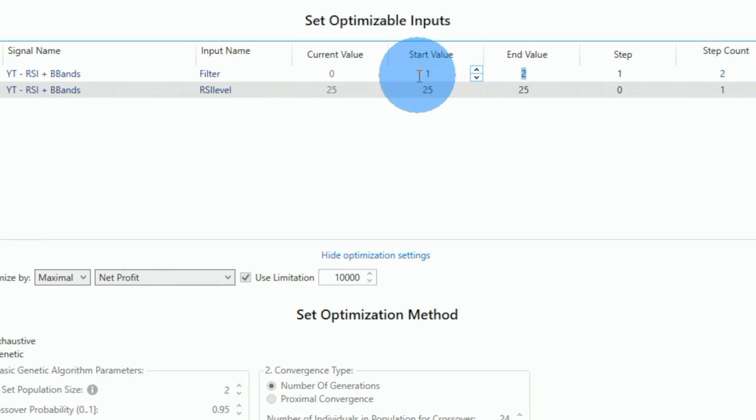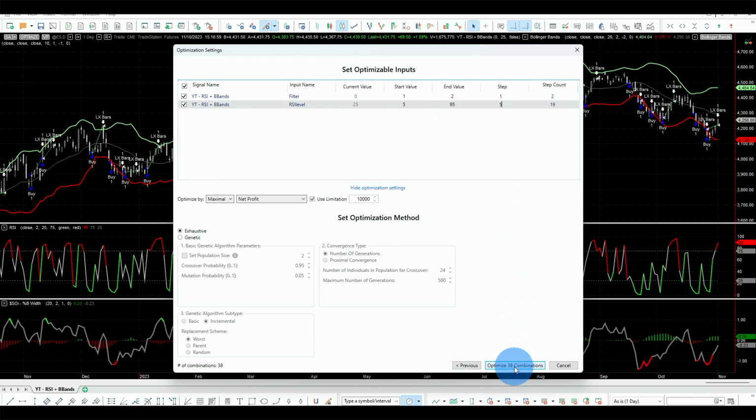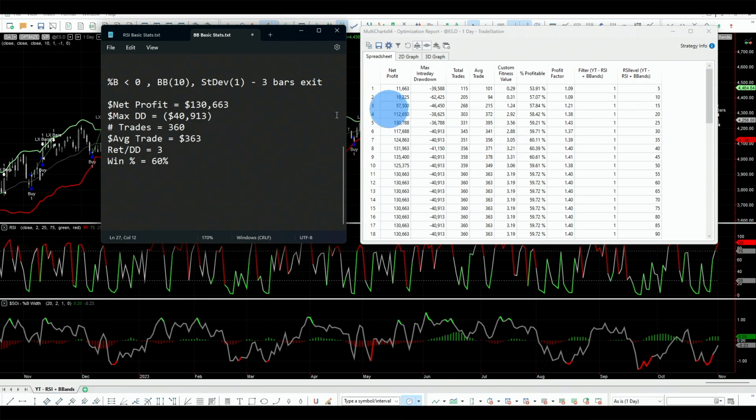So the filter will be between 1 and 2, 1 when the RSI2 is below a level and 2 when the RSI2 is above a level. And then the level will be between 5 and 95 in steps of 5. So that means if the RSI2 is below 5, below 10, below 15, and so on. And also if the RSI2 is below 95, below 90, below 85, and so on. So all in all, 38 combinations. And here are the results.